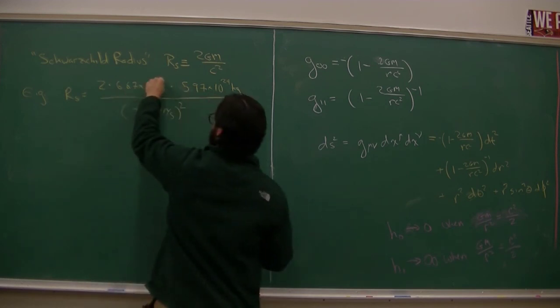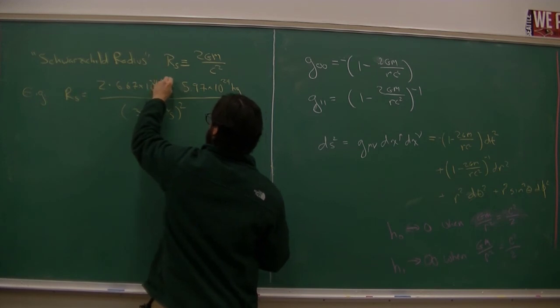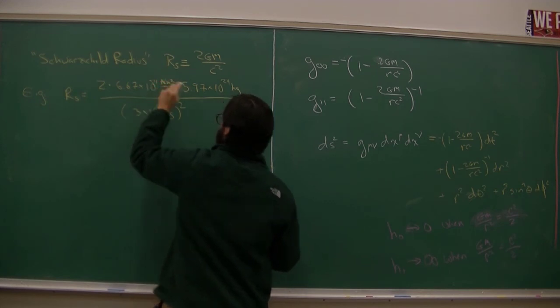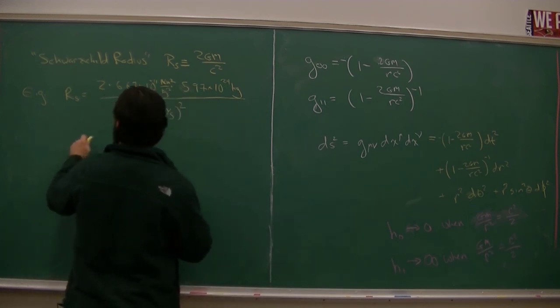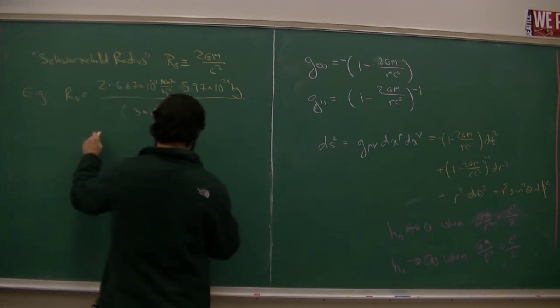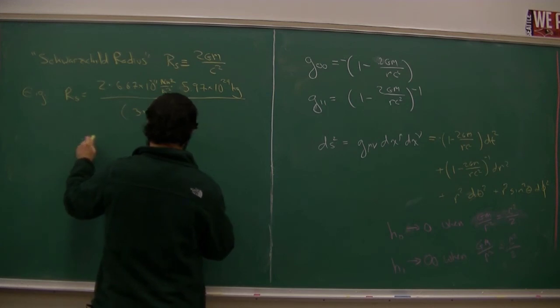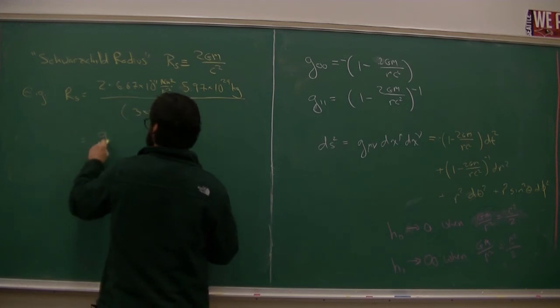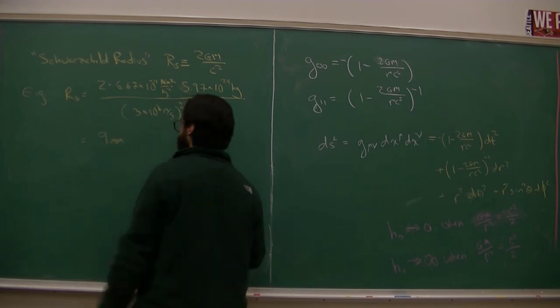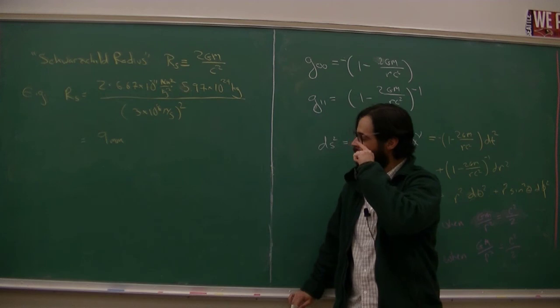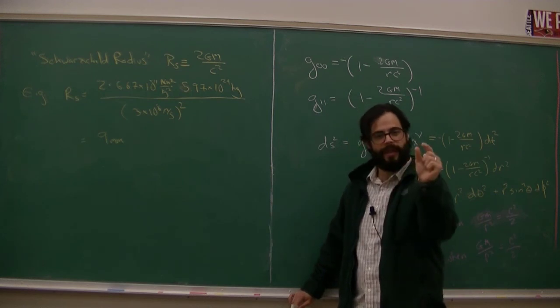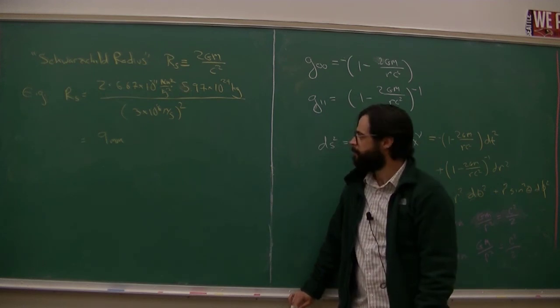So G is newtons meter squared per kilogram squared. And that turns out to be about 9 millimeters. So if you took the mass of Earth and you compressed it to about the size of a marble, you would turn us into a black hole.